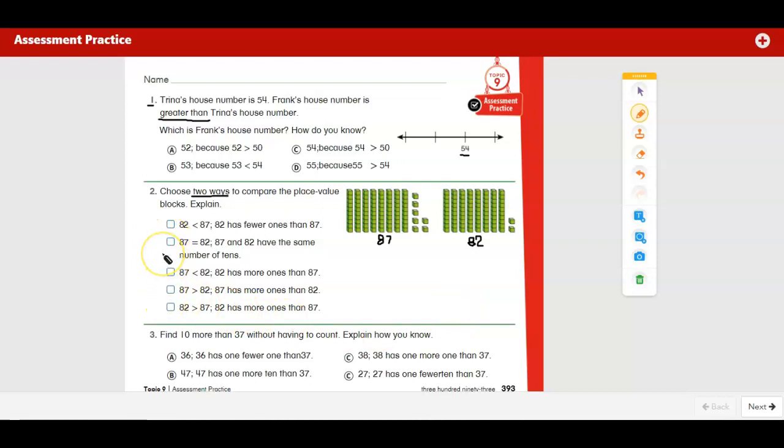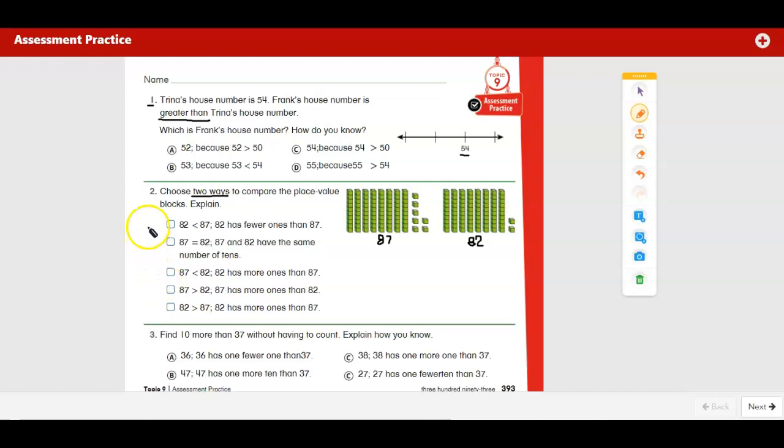Which 2 statements or ways are true? 82 is less than 87 because 82 has fewer 1s than 87. 87 is equal to 82 because 82 and 87 have the same number of 10s. 87 is less than 82. 82 has more 1s than 87. 87 is greater than 82. 87 has more ones than 82, or 82 is greater than 87. 82 has more ones than 87.